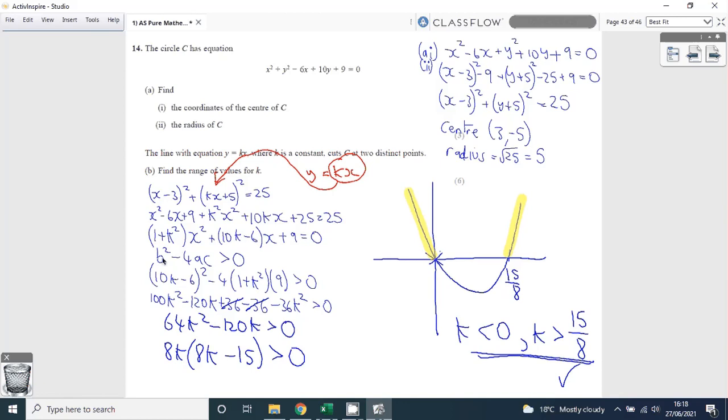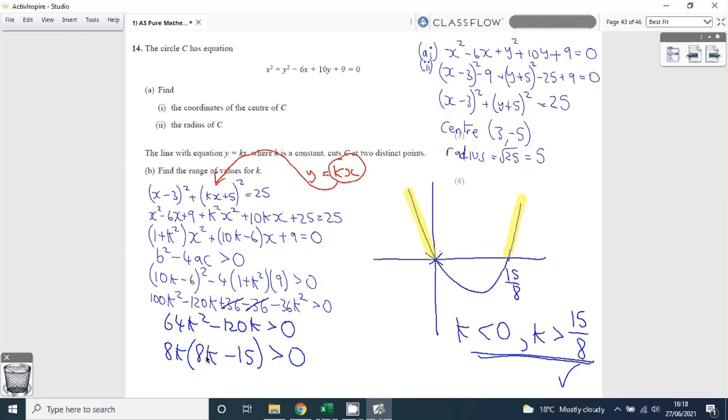So using b squared minus 4ac, because I have 2 distinct points, this is greater than 0. So my b squared is here, minus 4 lots of a times c, being greater than 0. Multiply out, simplify, factorize, and I get this. So I've got my solutions at k being 0 and k being 15 over 8.